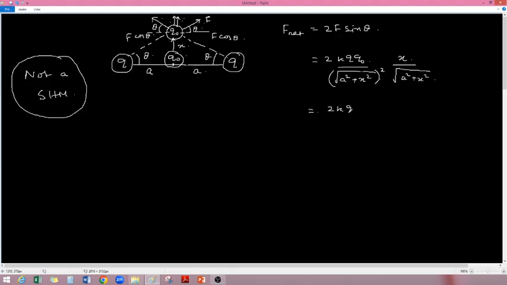So 2k, q naught, all these things are constants. So this will be x divided by a squared plus x squared power 3 by 2. Why? Because this becomes power 1, this is 1 by 2, so the total is 3 by 2. That's all. So that's my F net.